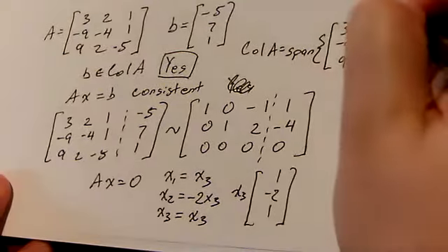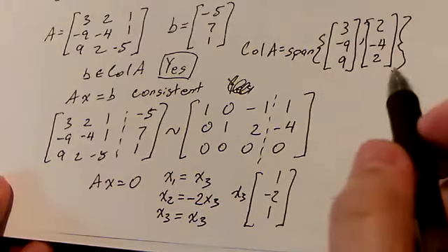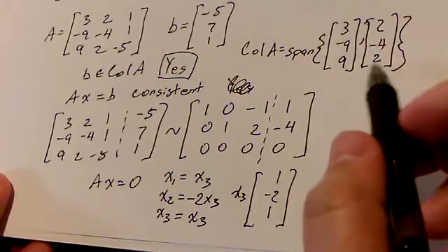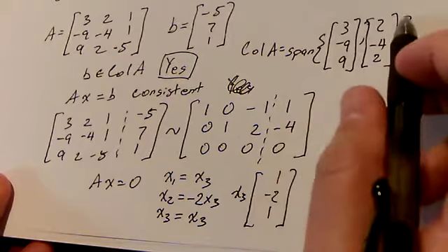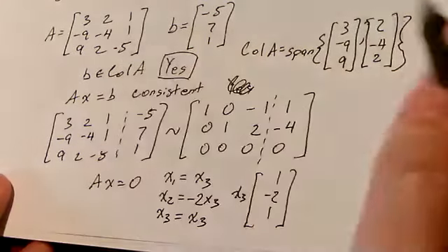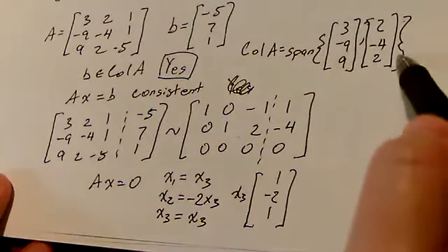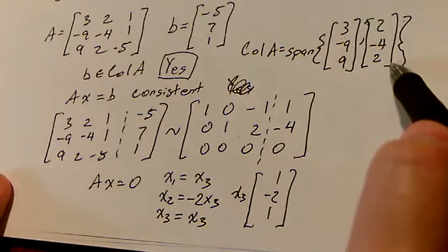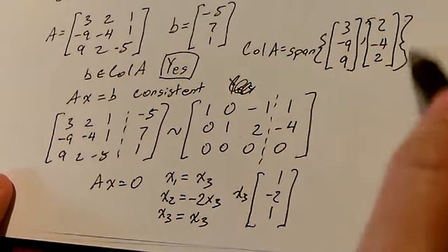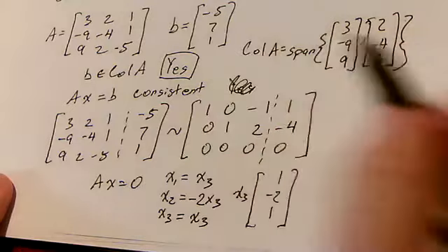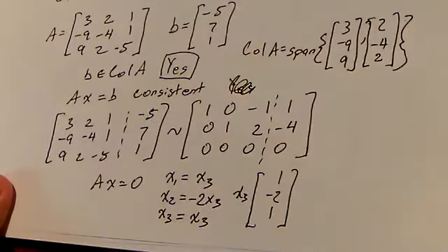Column space of A is just the span of those two vectors. Now, it is also the span of the third vector. If I put the third vector here, 1, 1, -5, I still get the same space. But I'm not giving extra information. I'm making it harder on myself to deal with my space by giving it additional criteria to reckon with when those criteria don't actually change what space I'm dealing with at all.